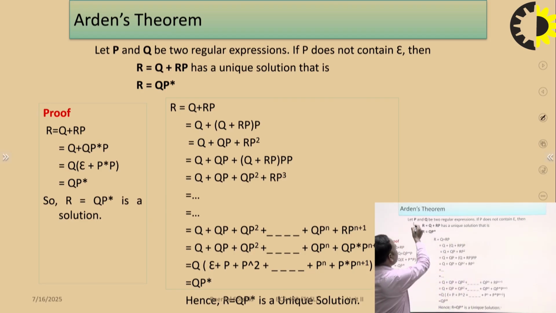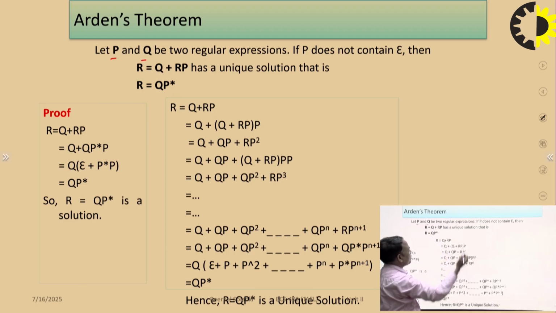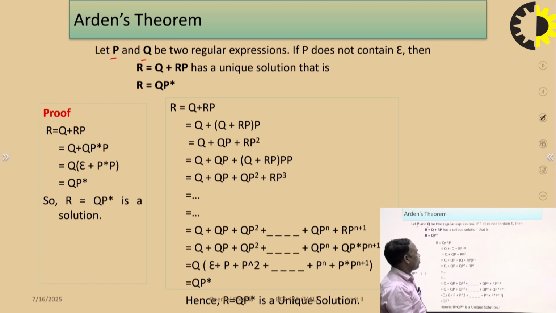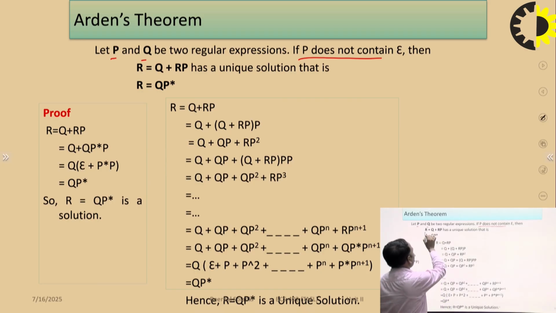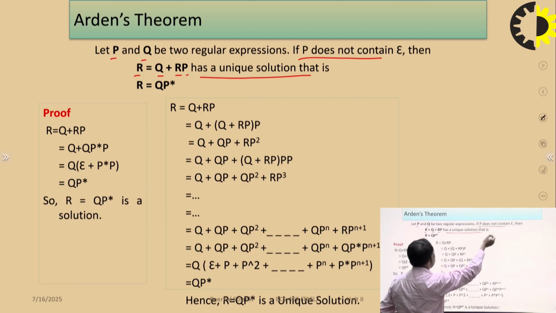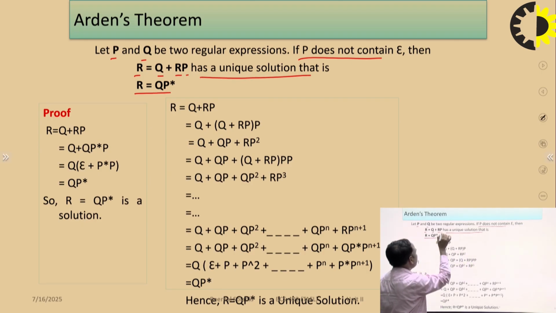Suppose P and Q are two regular expressions, and P does not contain epsilon. Then R = Q + RP has a unique solution, that is R = QP*. So we now discuss the proof of Arden's theorem.